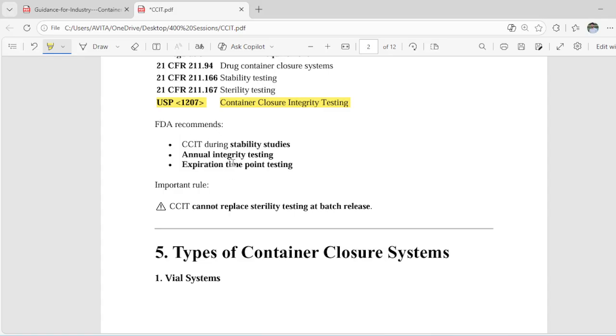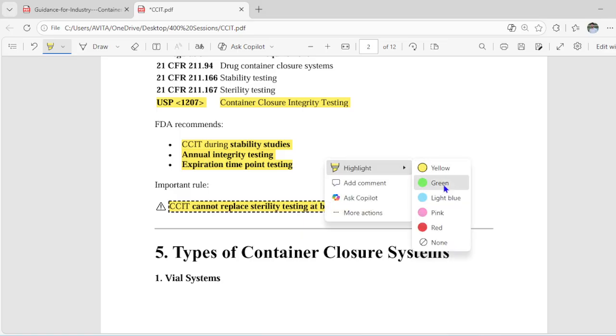Then the FDA recommends container closure integrity testing for stability studies as well as for annual integrity testing and expiration time point testing. So for all these three, the FDA recommends the container closure integrity test. But the important rule we have to remember is that the container closure integrity test cannot replace sterility testing at batch release.